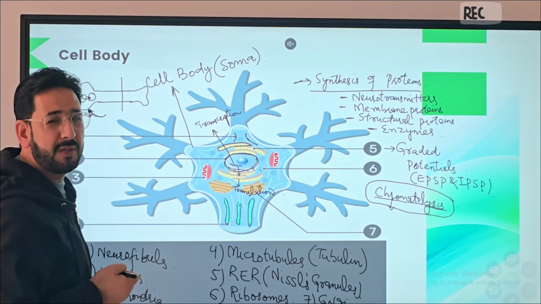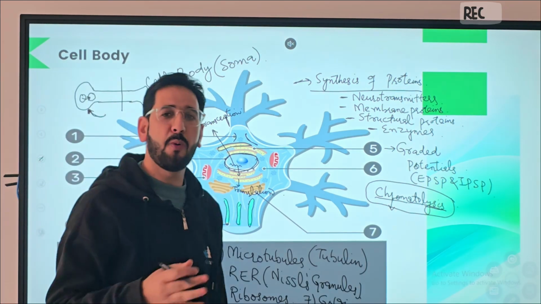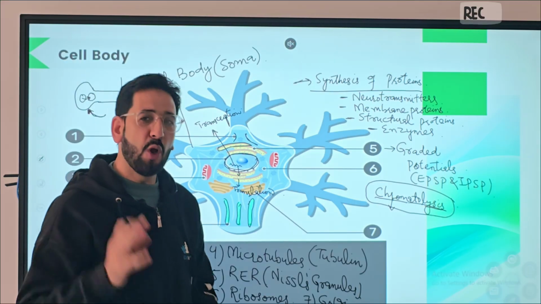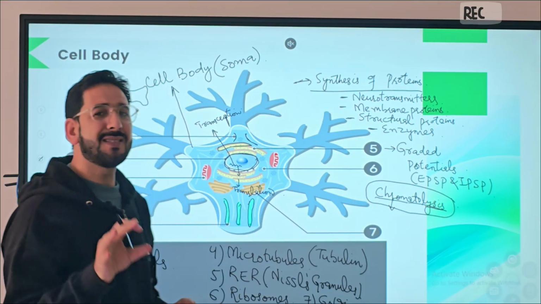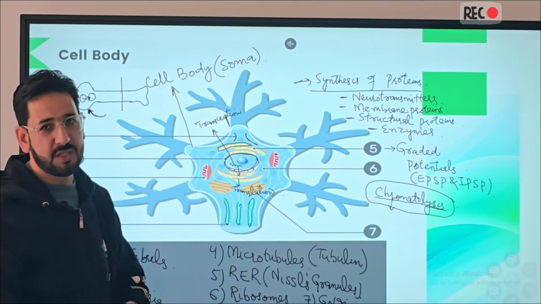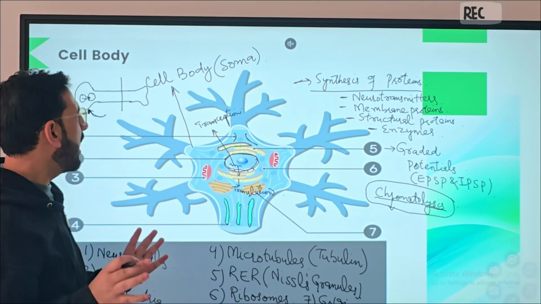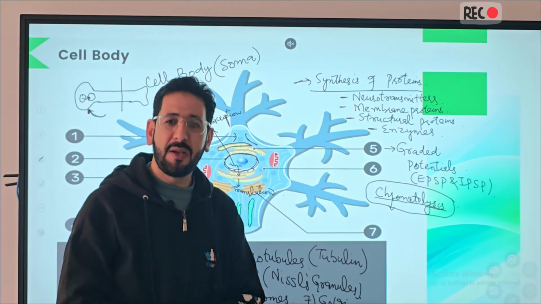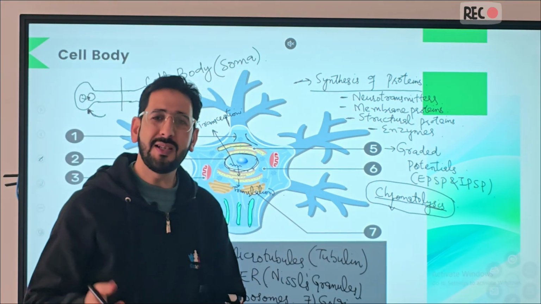Swelling of the cell body means it is involved in a lot of metabolic processes, in the formation of a lot of proteins involved in the repair and regeneration of these neurons. Now, when we talk about nerve injury in the peripheral nervous system, we have the Schwann cells there.